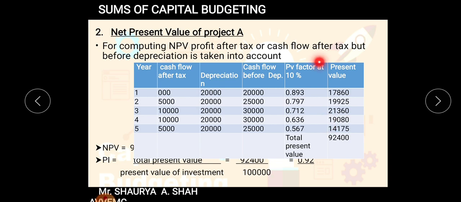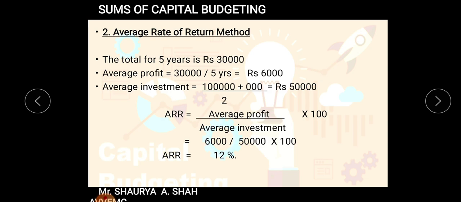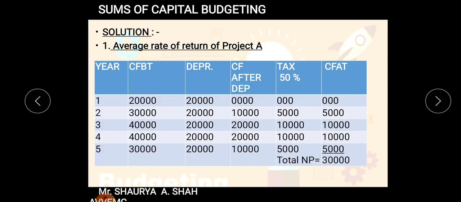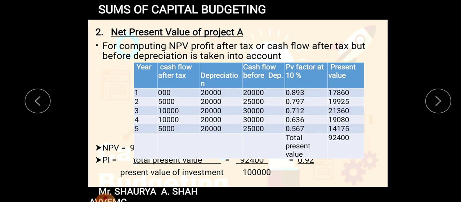Now you have your factors at the rate of 10%, right? Why have we taken 10%? Because it is given that the cost of capital is 10%, fine. So here you will calculate the amount. It will be at 12%. There is a mistake in it, fine. Just consider this as the PV factor at 12% given in the sum.